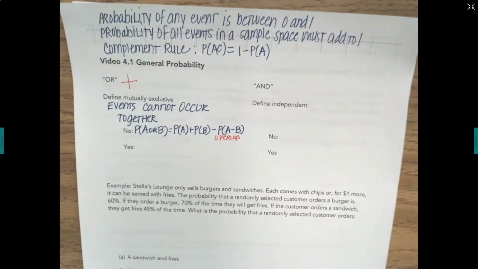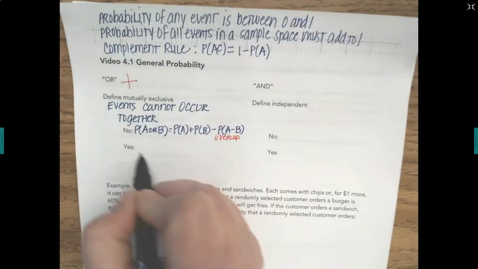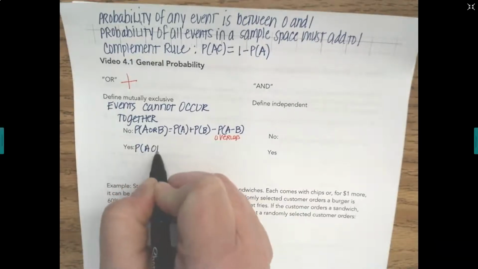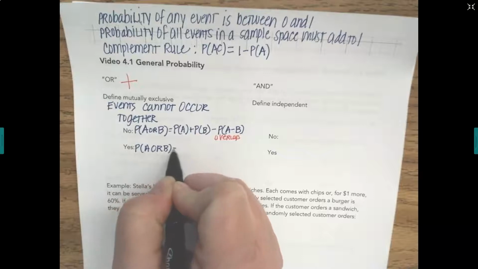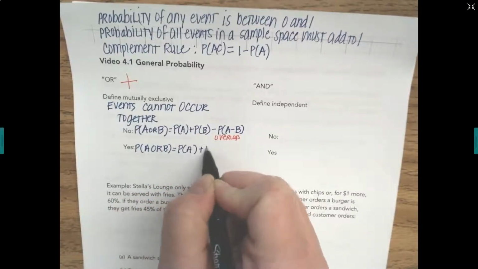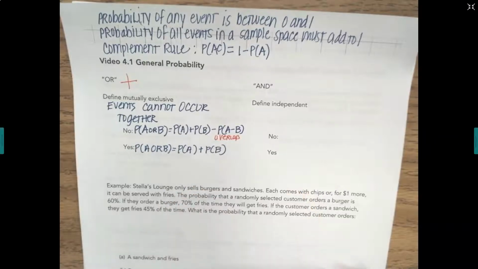Okay, now what if they are mutually exclusive? They cannot occur at the same time. They cannot occur together. Well, it's just a simplified version of this. If they are mutually exclusive, the probability of A or B is simply the probability of A plus the probability of B. Because they have no mutual exclusiveness, there's nothing in common, there's nothing to subtract off for an overlap.